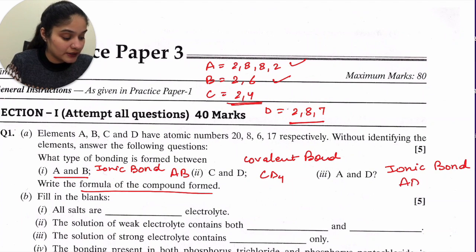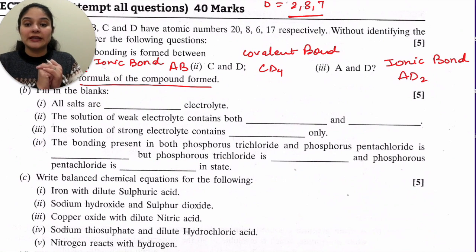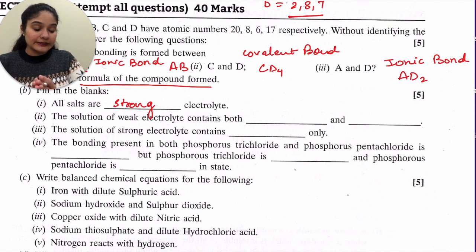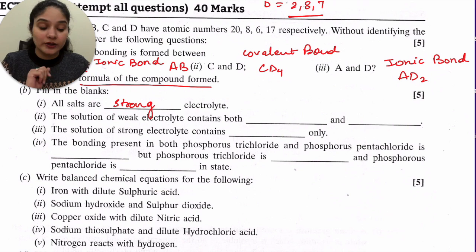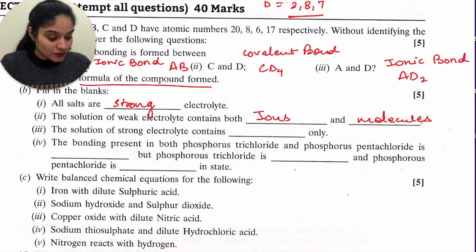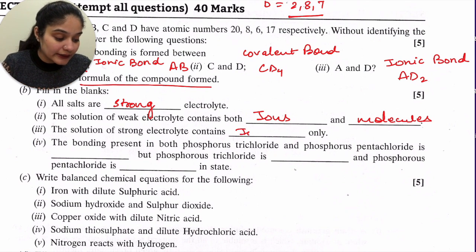Now moving on to part B, that is fill in the blanks. All salts are strong electrolytes. The solution of weak electrolyte contains both ions and molecules. The solution of strong electrolyte contains ions only.